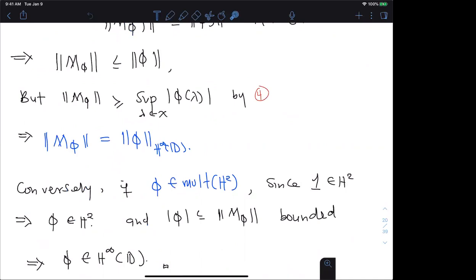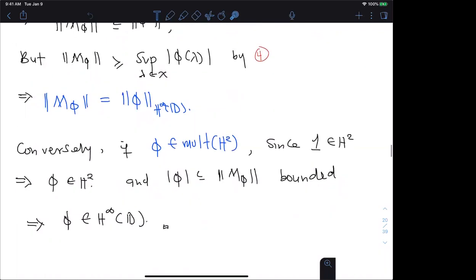And conversely, if you have a function phi in the multiplier algebra, since 1 is an element in the function space, if you multiply 1 times phi, we end up with phi. It turns out phi here is also an element of H2, and so it is less than or equal to the norm of the multiplier algebra.